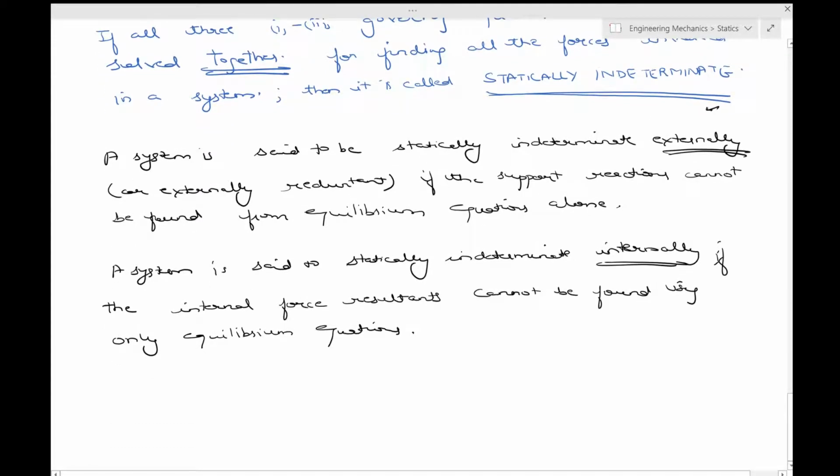And then a system, these are all variations of indeterminate.